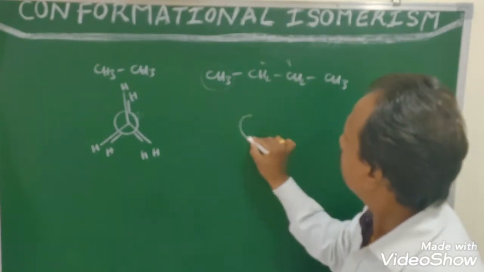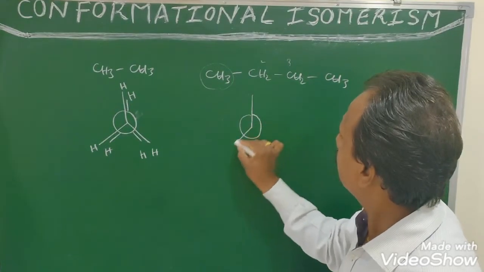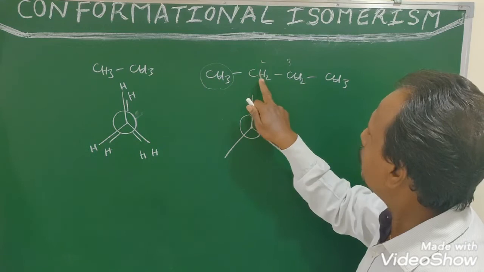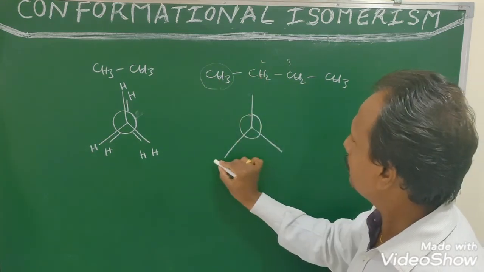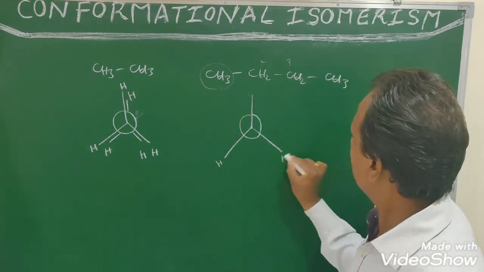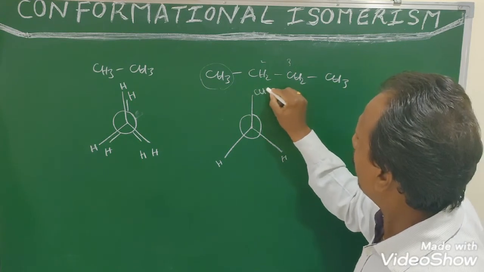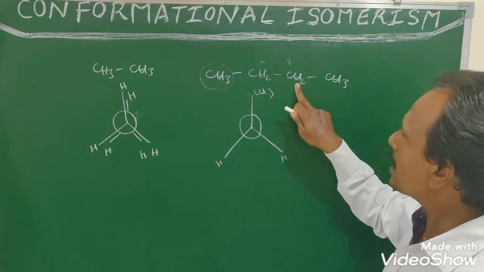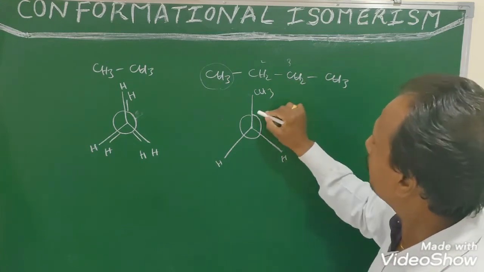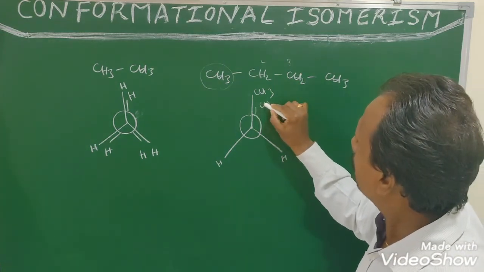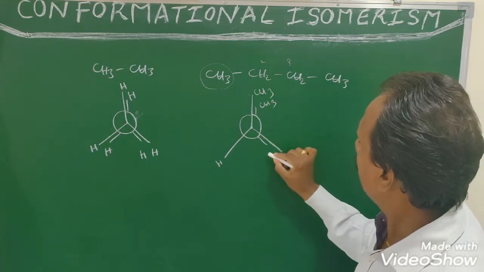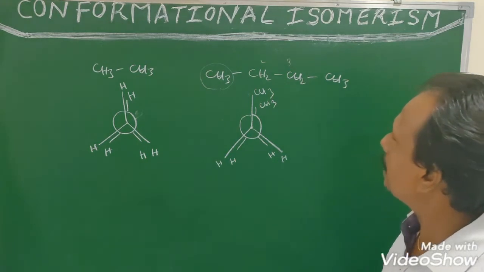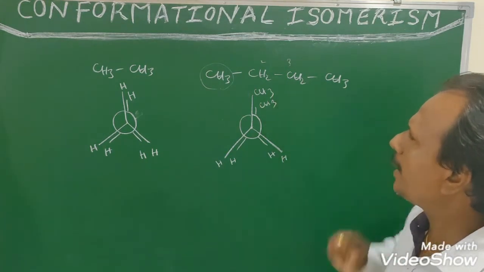So, it is the second carbon having two H atoms and a methyl group. It is the third carbon having two H atoms and one methyl group. It is the fully eclipsed conformation of n-butane.